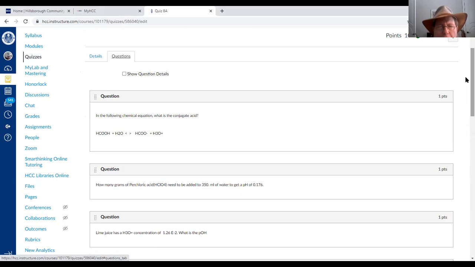All right. The conjugate acid, and this is the first thing I'm going to go through when we resume. The conjugate acid is going to be on the product side, so it's going to be either this or this. I chose HCOO negative, but it was wrong.